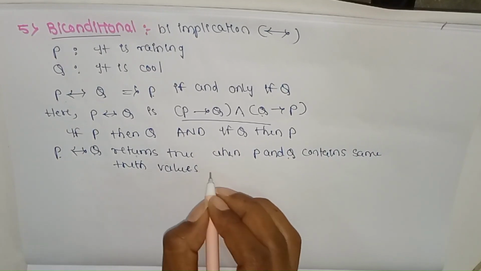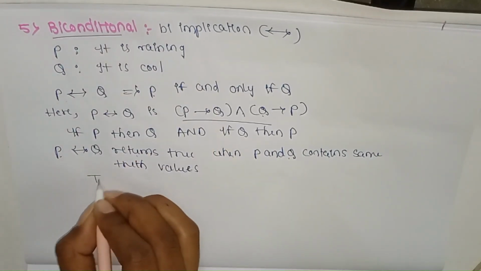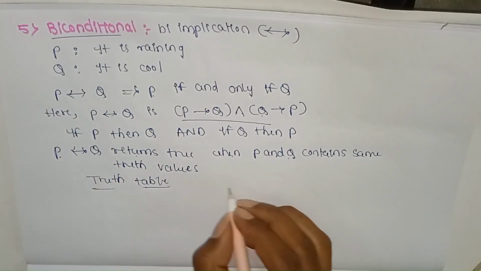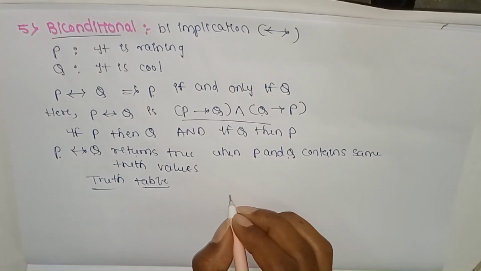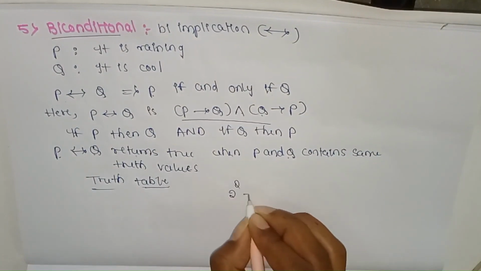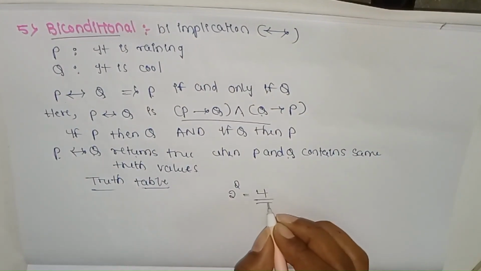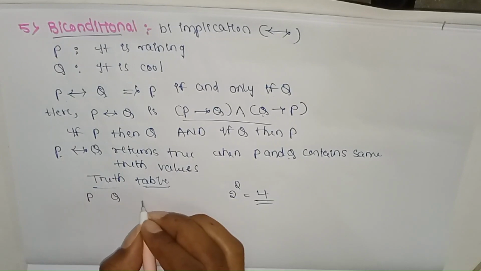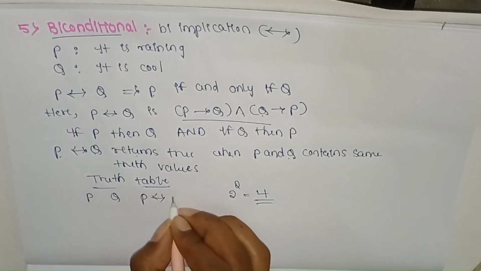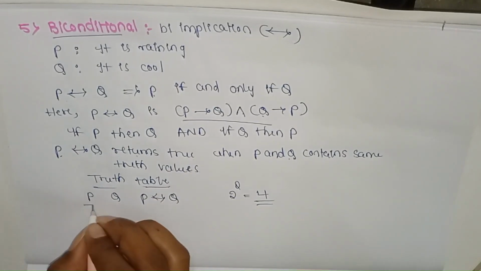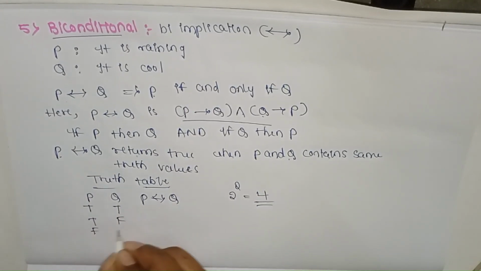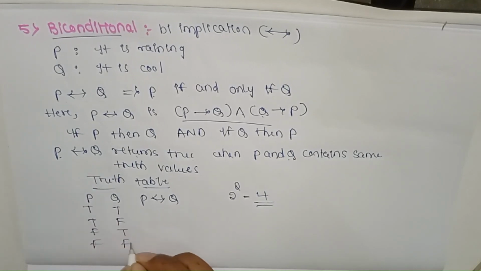Let us construct the truth table for the biconditional. Here we have two statements. We know that if two statements are there, 2 power 2 is 4. The total possible combinations of truth values are 4. We have these two statements as P and Q, and we are applying P biconditional Q. The combinations are true true, true false, false true, false false.